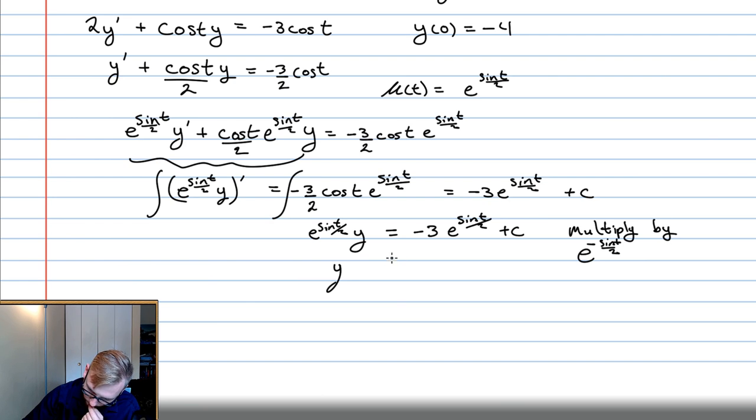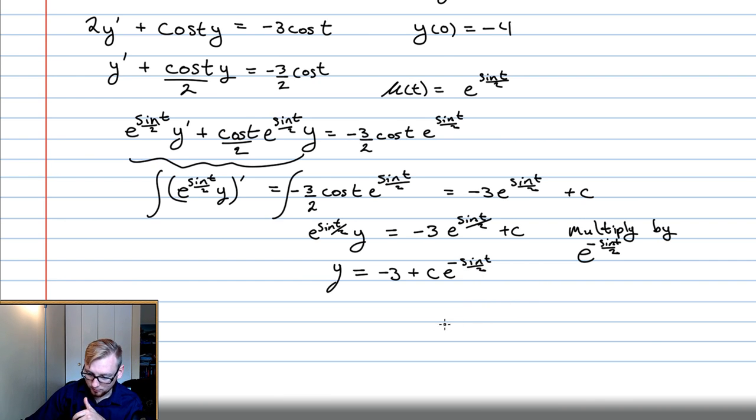These will cancel out, so we're just left with a y. This one will cancel out on the negative 3, so we got negative 3 plus a constant times e to the minus sine t over 2.